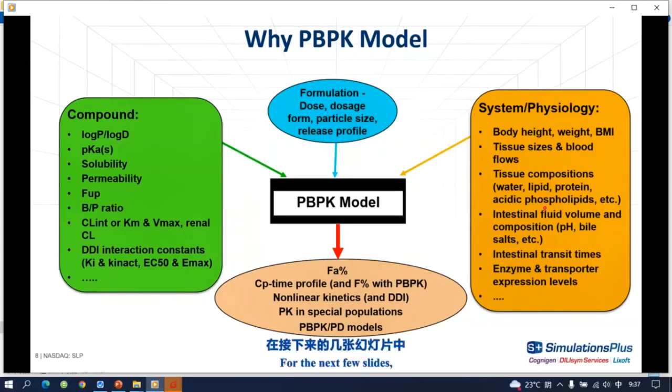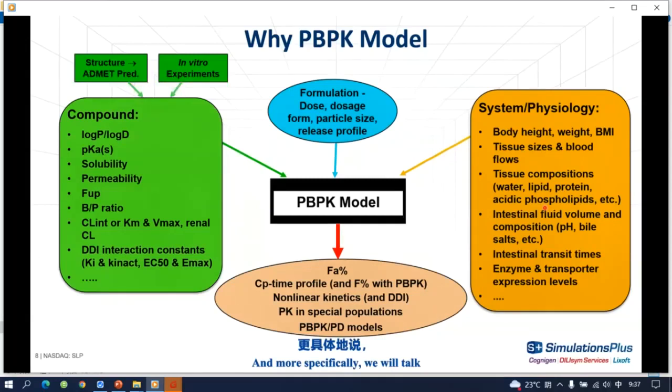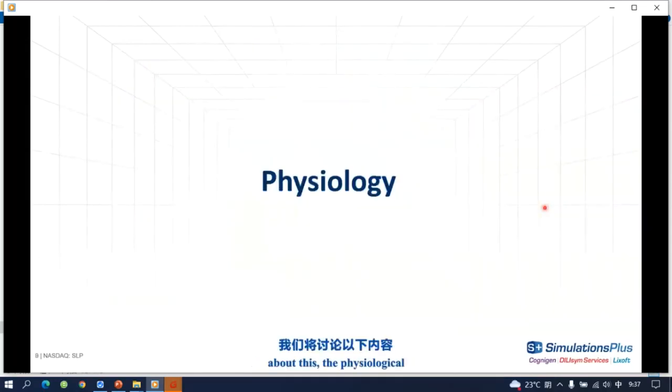So for the next few slides, we are going to talk about some of the physiological considerations. And more specifically, the physiological aspects that we have incorporated within the GastroPlus software.